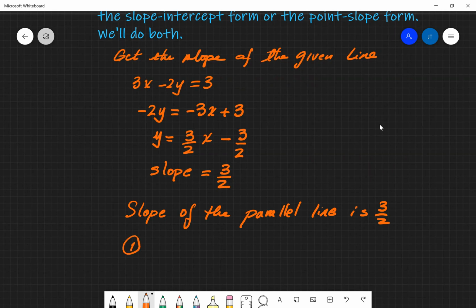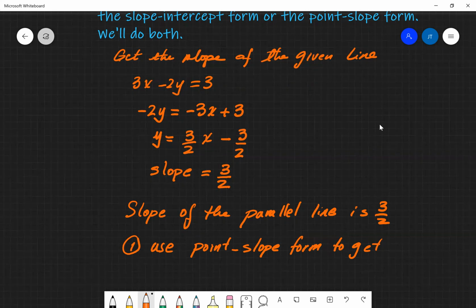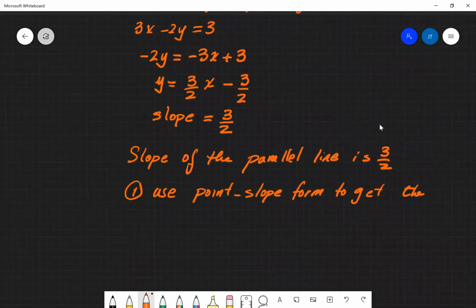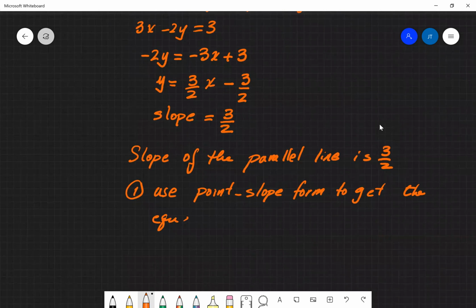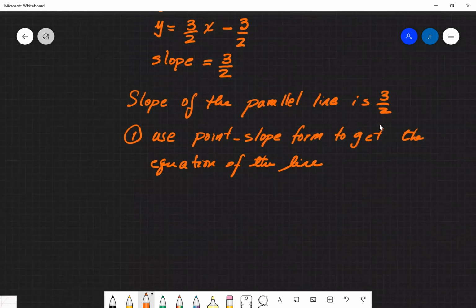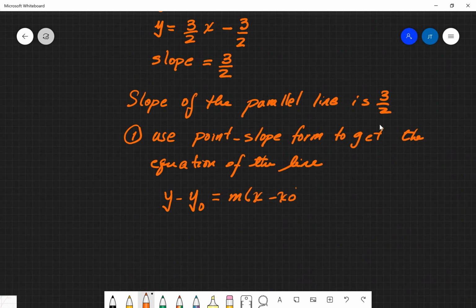So number one, we'll use point-slope form to get the equation of the line. What is the point-slope form? Point-slope form says that y - y0 = m(x - x0).